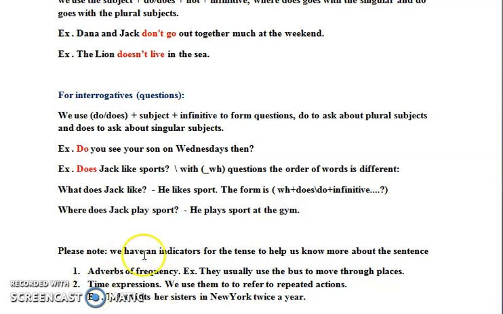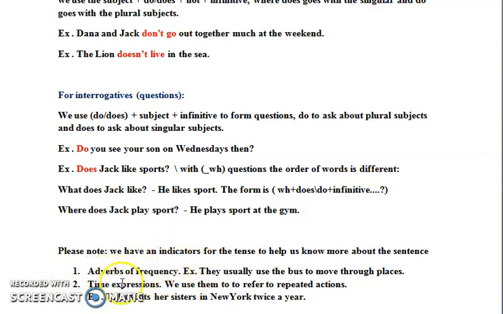As the teachers told us before, the simple present tense can come without an indicator. But if there is an indicator in the sentences, we must find them in these two cases.